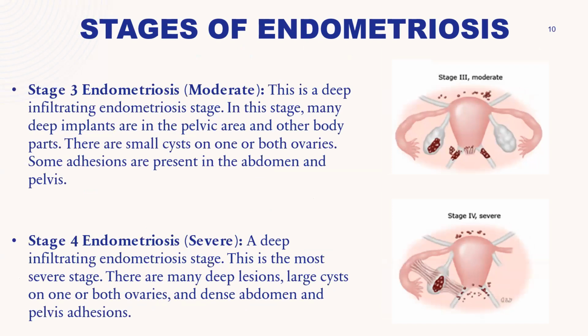Many deep implants are in the pelvic area and other body parts. There are small cysts on one or both of the ovaries, and some adhesions are present in the abdomen. Stage 4 is severe, a deep infiltrating endometriosis stage, with large cysts on one or both of the ovaries, and dense abdomen and pelvis adhesions. You can see as the stages progress, there are more adhesions on the pelvis.